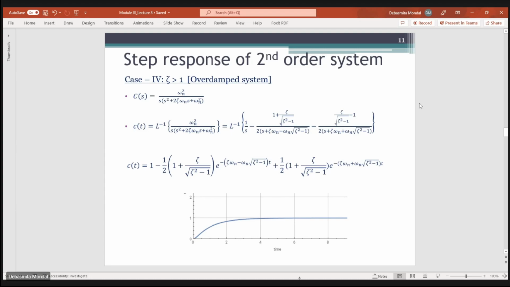Here also you can see that both the second term and the third term have negative exponentials attached to them. So these two terms will die down to 0 as the time t tends to infinity, and the steady state value will be equal to 1. The other two terms comprise the transient response of the system.